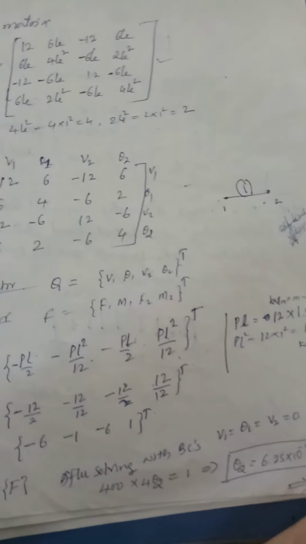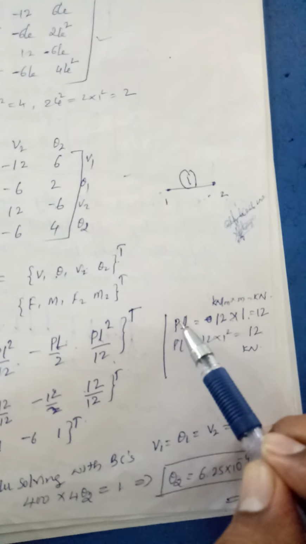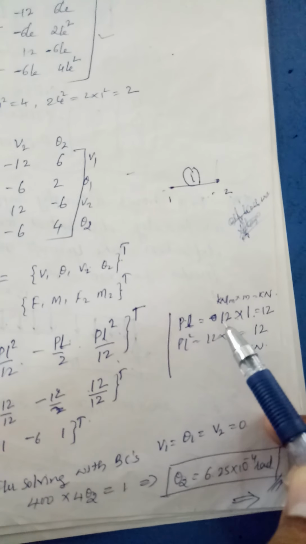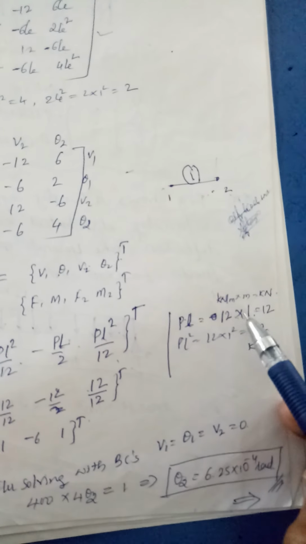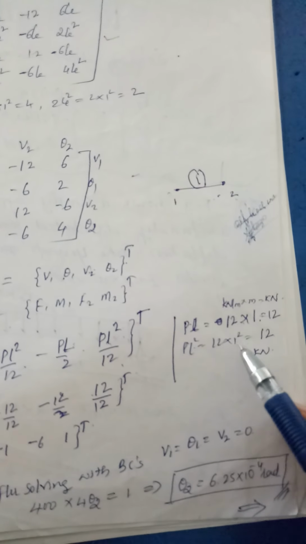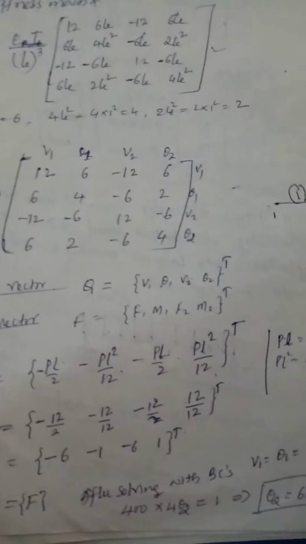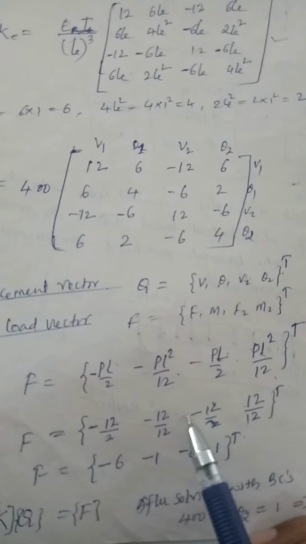the force vector is this one, where P is the UDL. See here, how to calculate PL? P, the UDL, is 12 as given in the problem. 12 into 1, the length of the element is 1 meter, so 12 kilo. Similarly, PL square by 12 is 12 into 1 square, so that is also 12 kilo. So I substitute here PL value 12, PL square also 12.